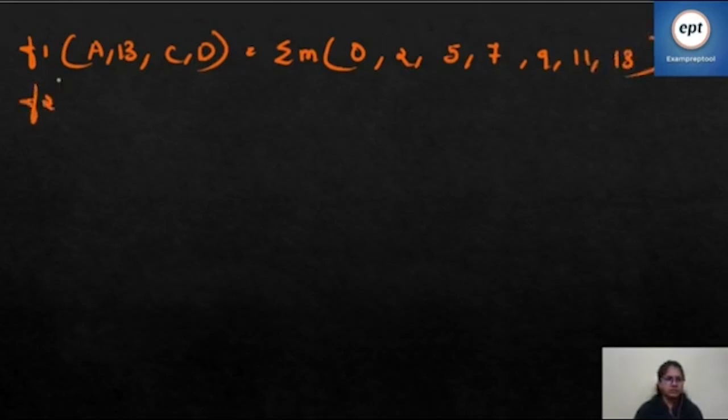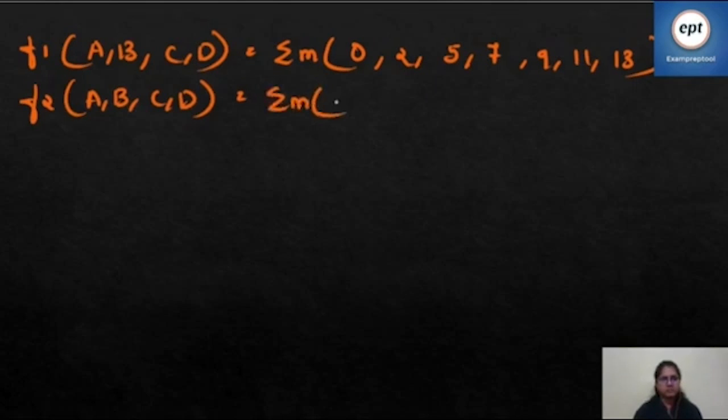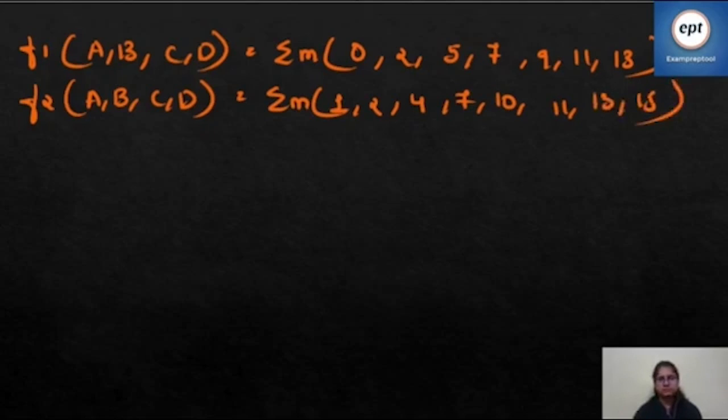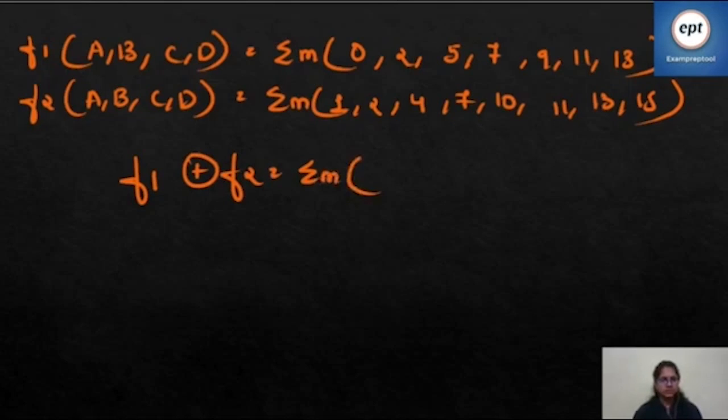And F2 is also given as A, B, C, D, and the values they have given are 1, 2, 4, 7, 10, 11, 13 and 15. Now you have to do XOR between F1 and F2, and then you have to take out the min term values.